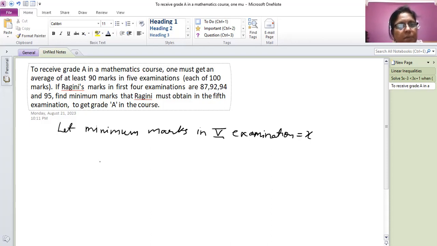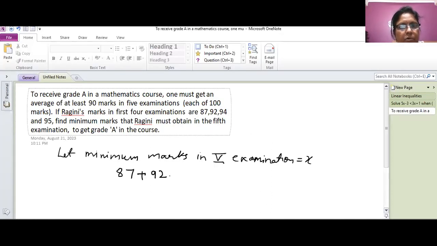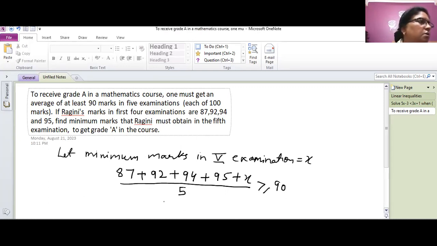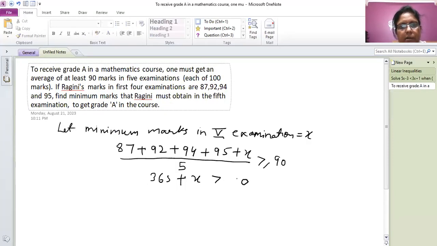The average score should be at least 90 marks. That means the average, 87 plus 92 plus 94 plus 95 plus x, upon 5 examinations, is greater than or equal to 90. At least 90 means greater than or equal to 90. So 368 plus x, upon 5, is greater than or equal to 90.